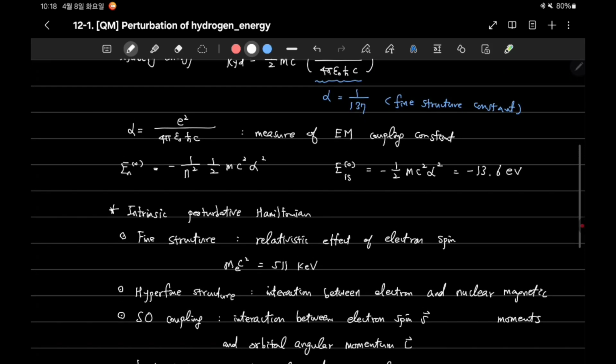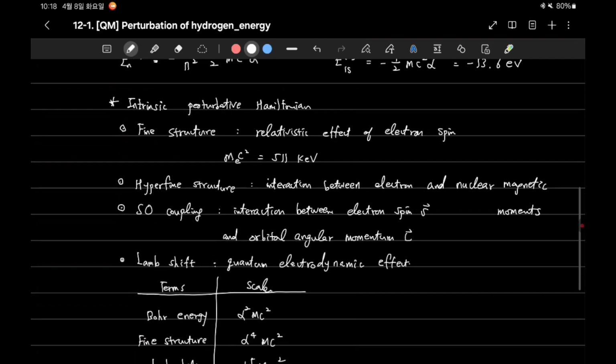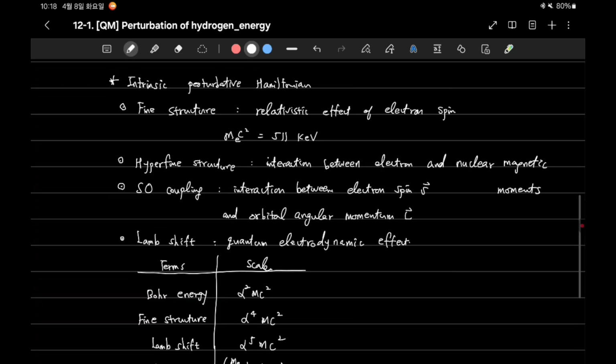We already studied the hyperfine structure in chapter 11. Frankly speaking, I do not know the Lamb shift exactly, except that it is a result of the quantum electrodynamic effect. I do not know quantum electrodynamics.